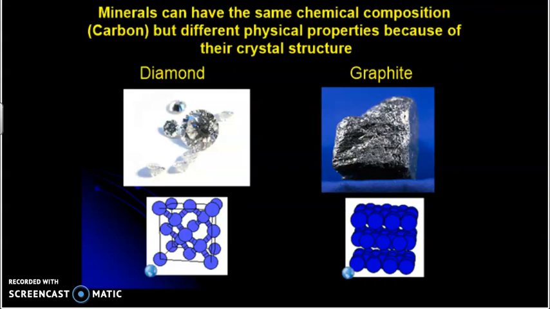They have the same chemical composition, carbon, but because they have a different crystal structure, they have quite different physical properties. We are going to be looking in the next slideshow presentation about these physical properties. And know that bonds, weak bonds, and strong bonds will be considered when we talk about the crystal structure.